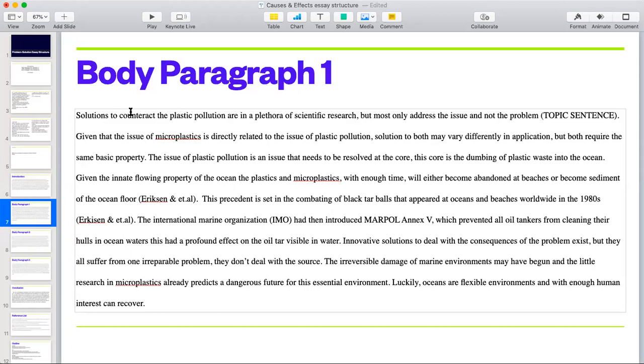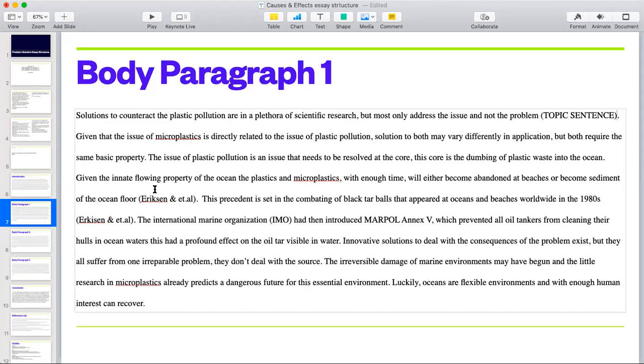Let's read the next sentence. Given that the issue of microplastics is directly related to the issue of plastic pollution, solutions to both may vary differently in application, but both require the same basic property. The issue of plastic pollution is an issue that needs to be resolved at the core. This core is the dumping of plastic waste into the ocean.